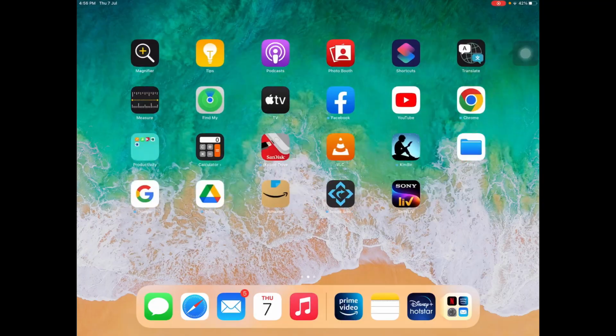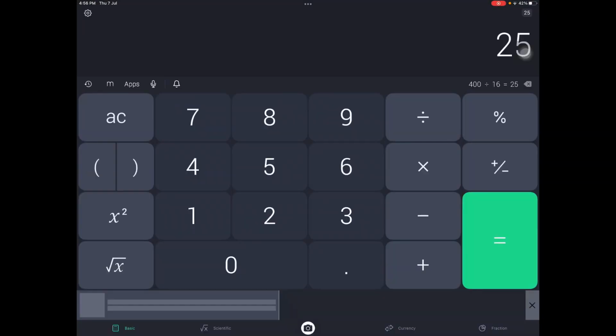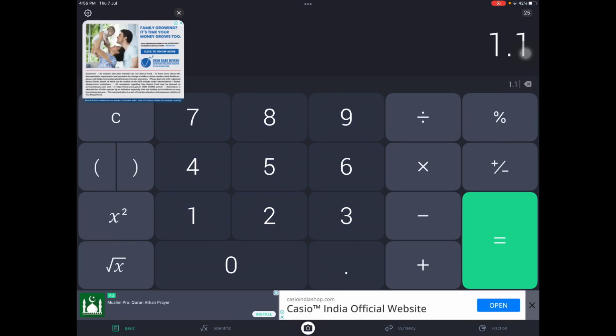So 1.1 into 1.1 is equal to this is the square, and into 1.1 is equal to this is the cube.